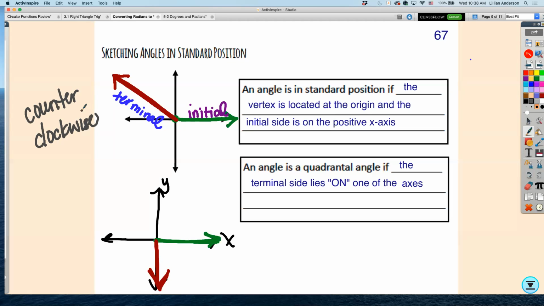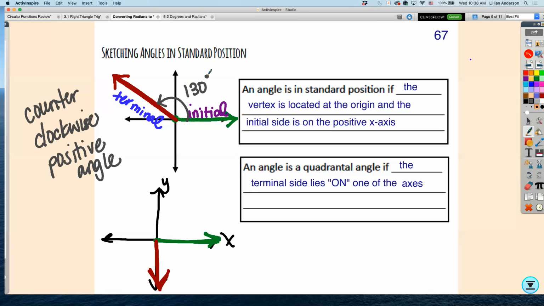So let's say you have your initial side on the positive x-axis and then your terminal side on the positive x-axis, and you decide to go counterclockwise. You create a positive angle if you go counterclockwise. So from your initial side, going counterclockwise, you create a positive angle. So something like this would be 130 degrees.